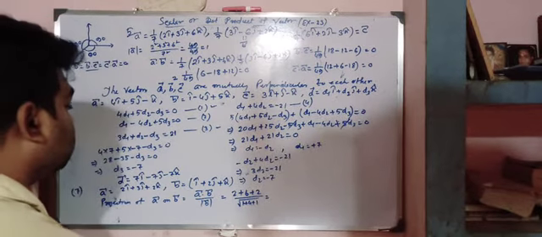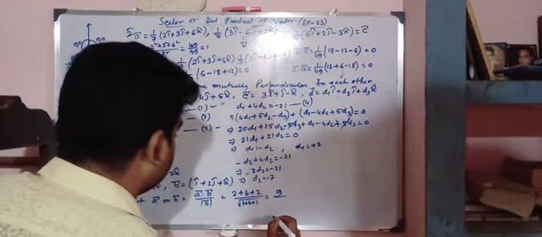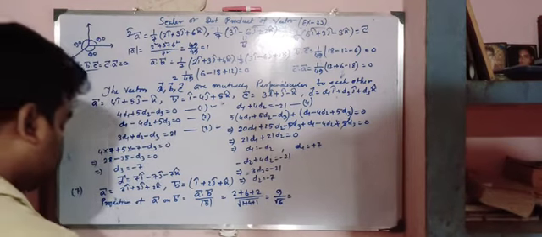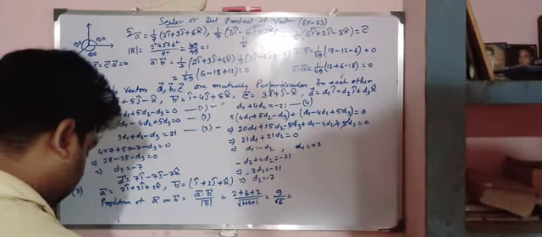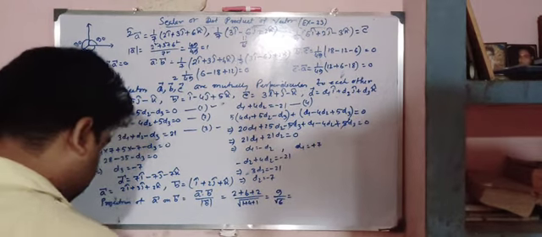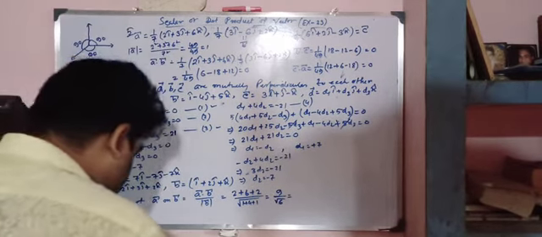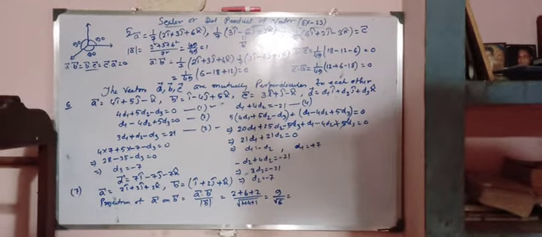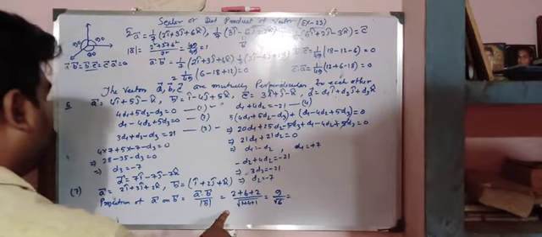That's equal to 9 divided by root 6. So this is the projection of A on B.